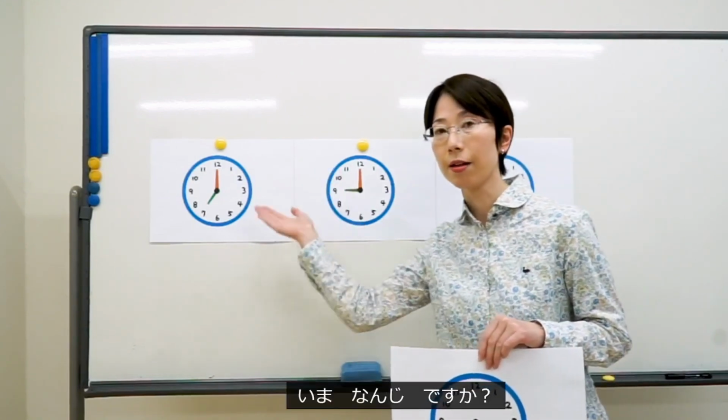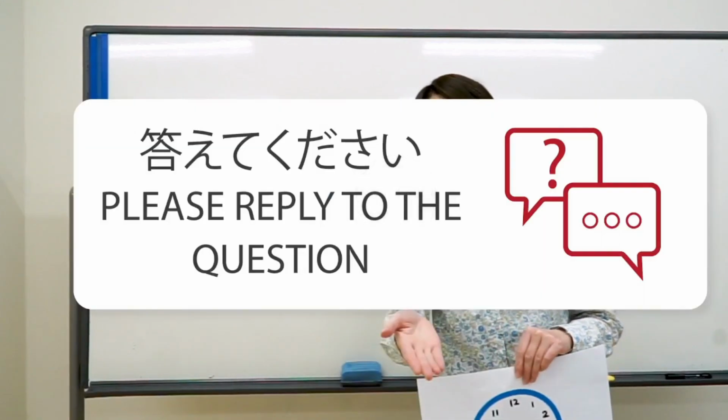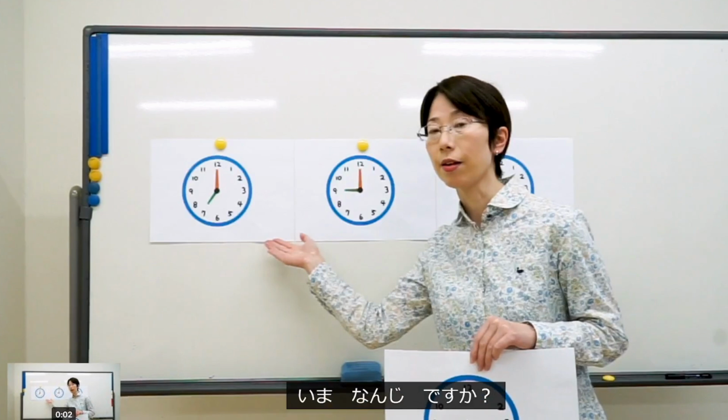今何時ですか? I did not see the time. You might want to go back and hover over what the first one is. We don't use nana for the hour, right? That is correct. Shichi in this case.